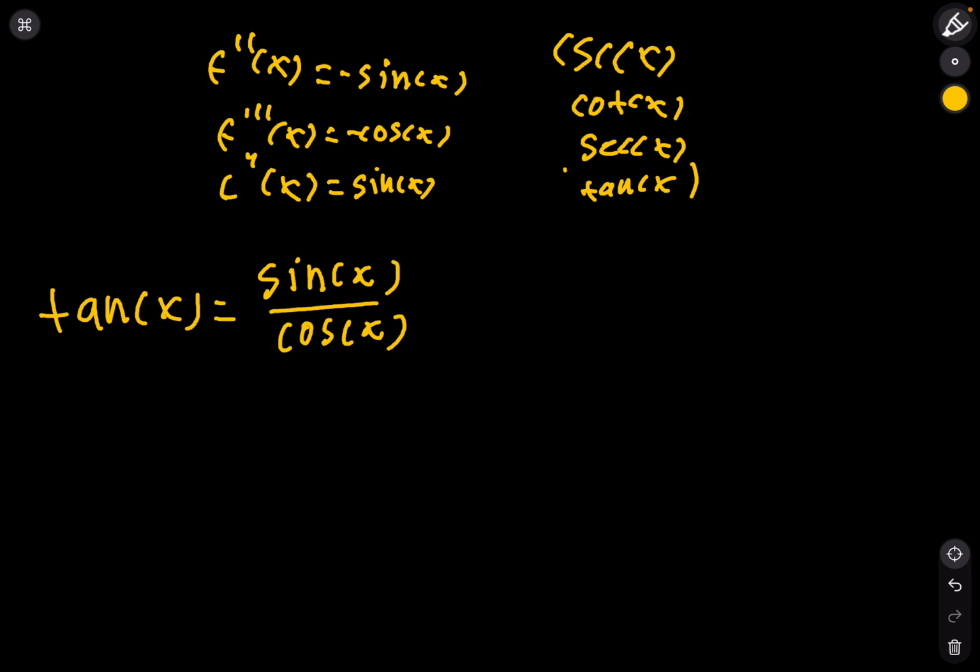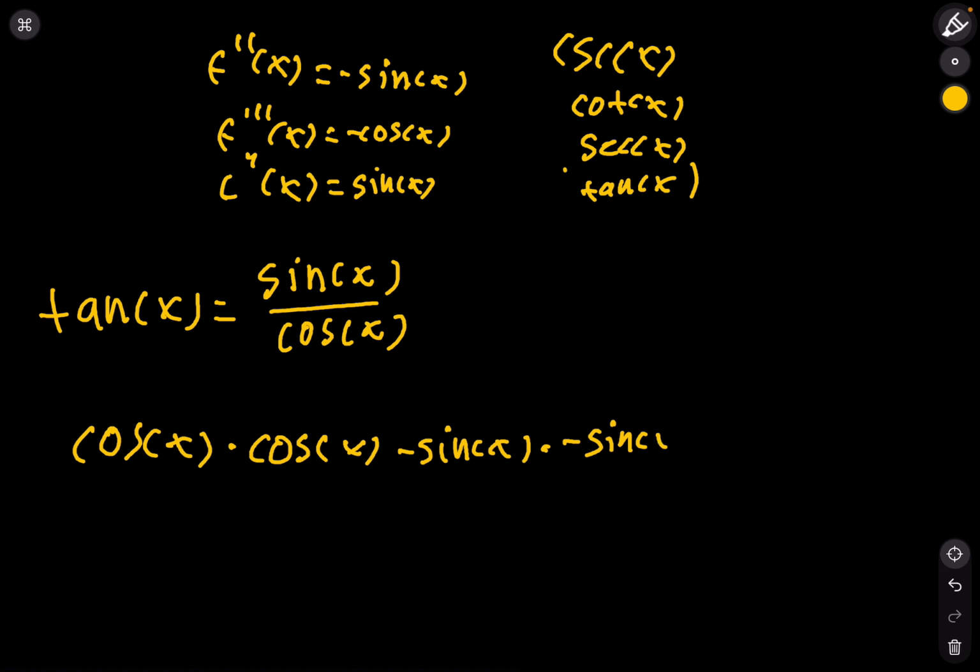If you saw my other video, you would know that the quotient rule starts with the bottom function times the derivative of the numerator, minus the numerator times the derivative of the bottom function, all over the bottom function squared, which is cosine squared of x.